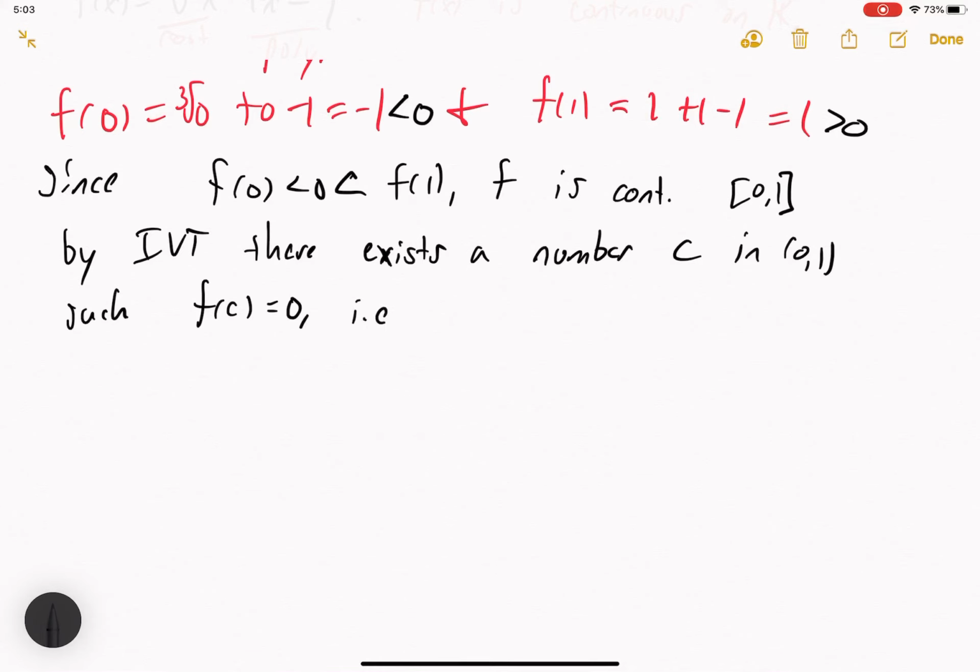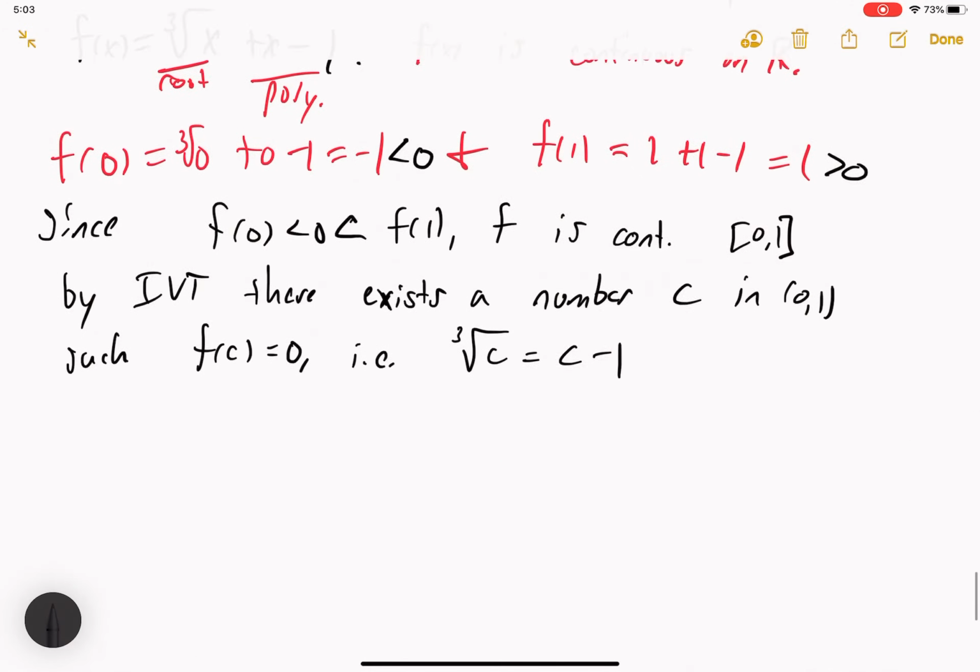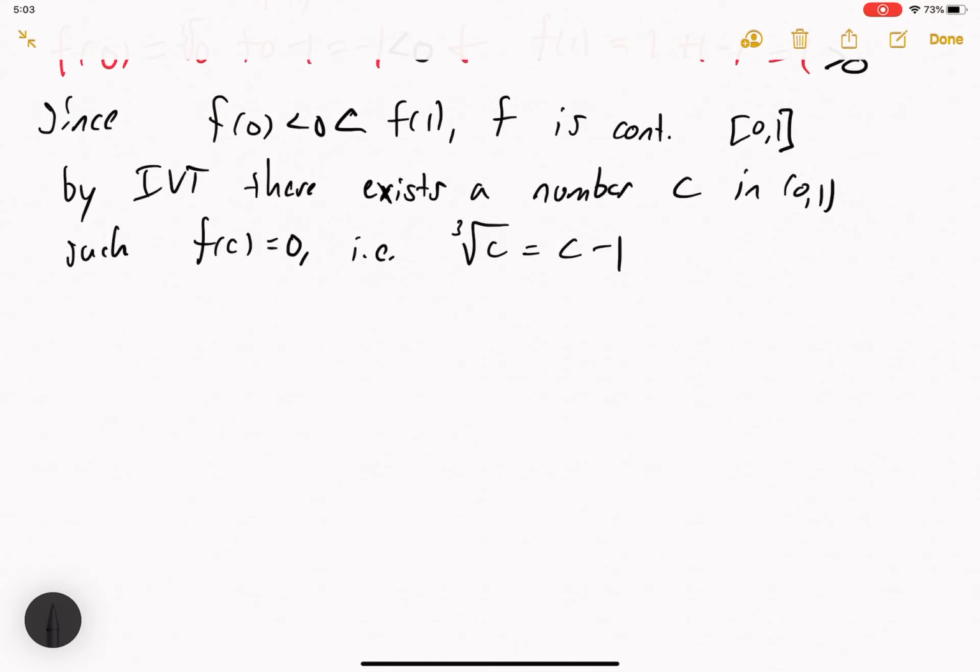Sorry, it's a lot of words to say. In other words, what that means is that the cube root of C is equal to 1 minus C. And that just means it has a solution, or at least a root.